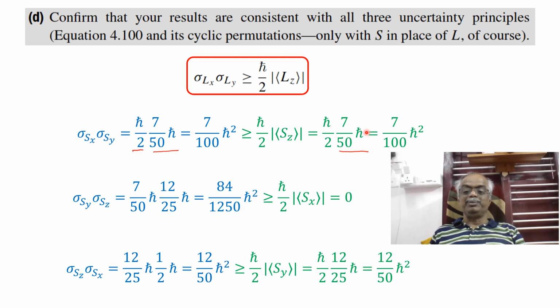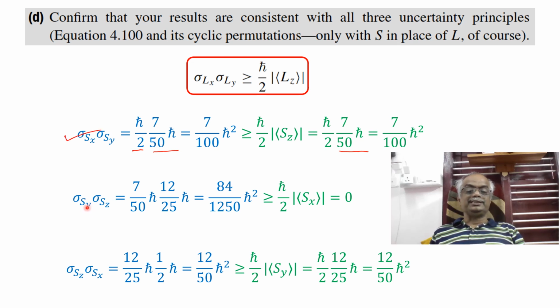If you multiply, you will get 7 over 2 into 50, 100 ħ². So it is exactly the same as this one, both are equal, so it satisfies equal to or greater than. Thus we have proved that the uncertainty relation is true.